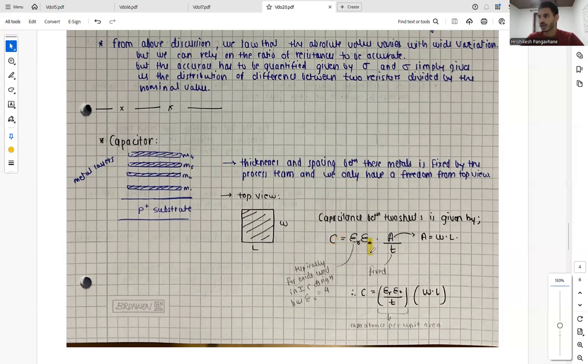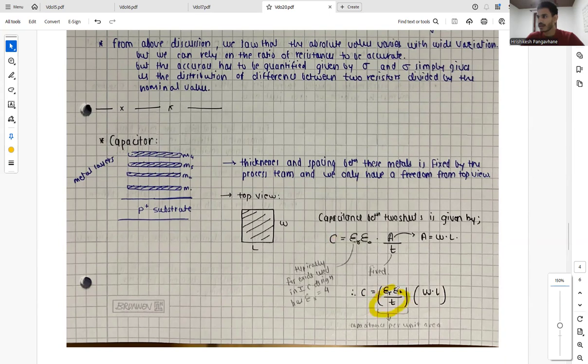We know the value of epsilon naught, and typically for the oxide we use in IC design, epsilon r equals 4, and now we are left with A by T. So the area of our capacitor is width into length, divided by the thickness, and the thickness is also fixed by the process team.